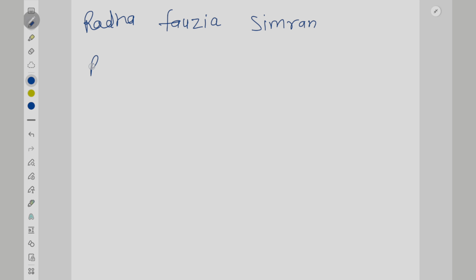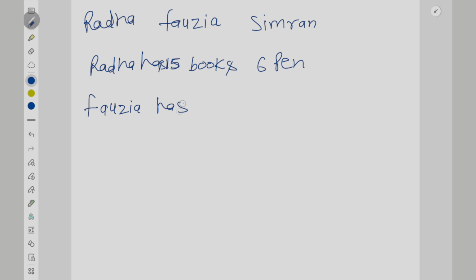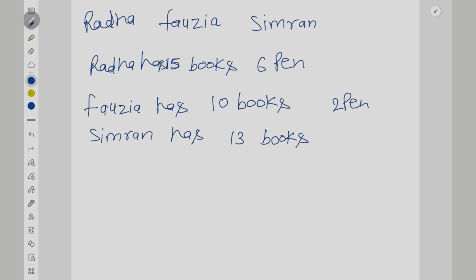Radha has 15 books and 6 pens, Fazia has 10 books and 2 pens, and similarly Simran has 13 books and 5 pens.